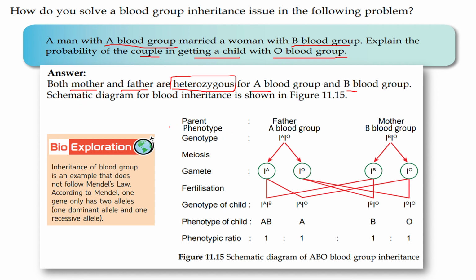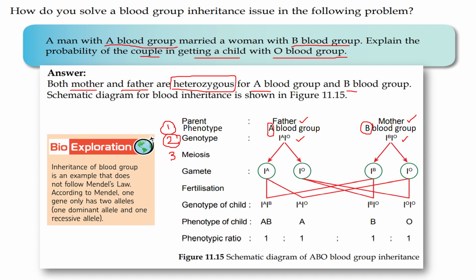Okay, so first we write down the phenotype of the parents. A blood group for the father, B blood group for the mother. Next, from the phenotype, we derive the genotype. They are both heterozygous.